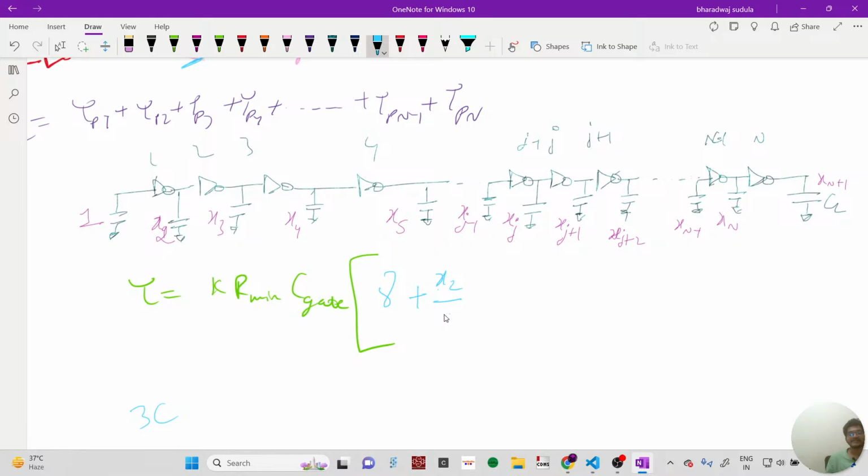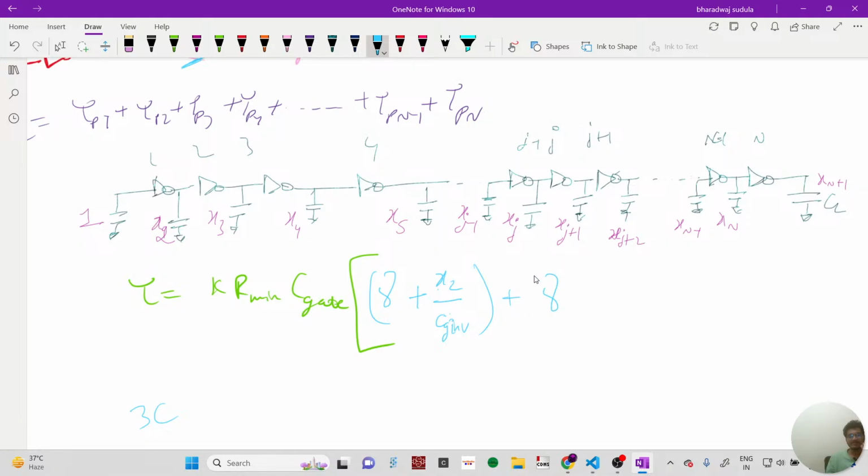Now I need to write the input gate cap. I'll tell you some factorization later.